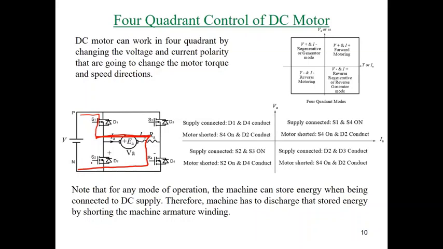Which means if we have a supply voltage V equal to 600 volt, are we going to connect the machine to 600 volt all of the time? If we need to control speed, we cannot apply the motor voltage all of the time. Is it right? Yes.